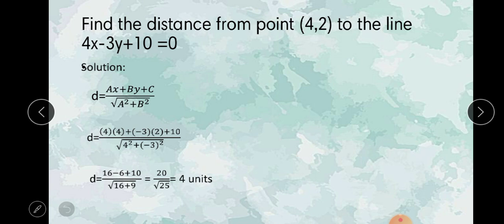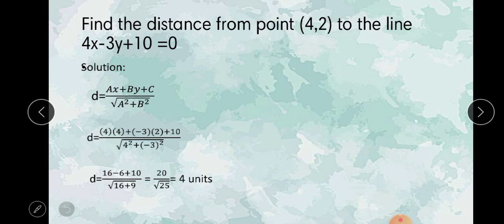Then simplify. 4 times 4 is equal to 16. Then negative 3 times 2 is equal to negative 6. Then plus 10. So 16 minus 6 is equal to 10, plus 10 is equal to 20.